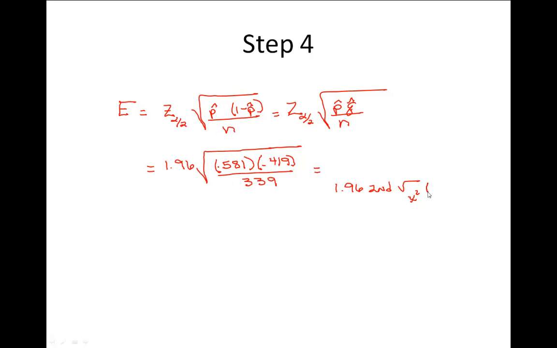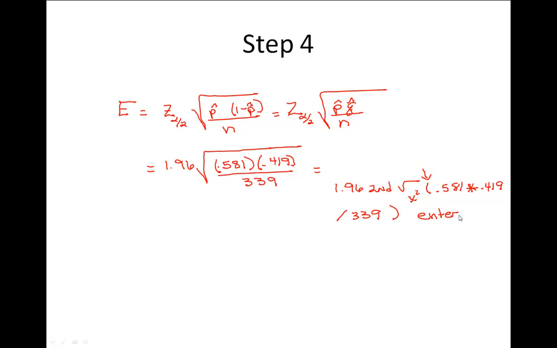That will automatically start a square root, as parentheses, on your calculator, and then just type in 0.581 times 0.419 divided by 339, then put the end parentheses and then press your enter button.